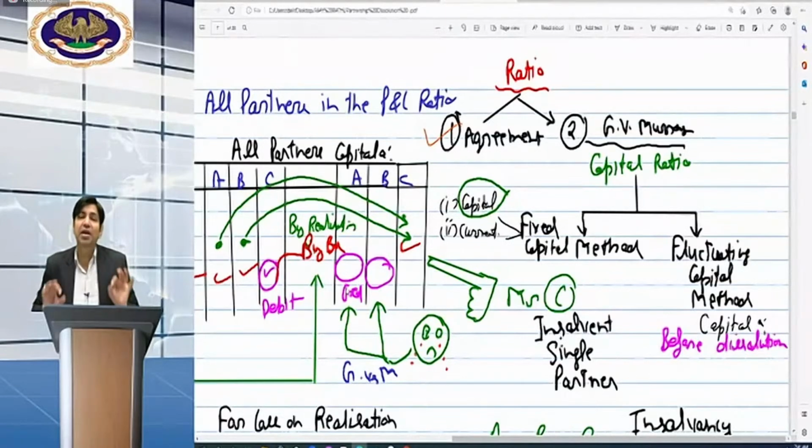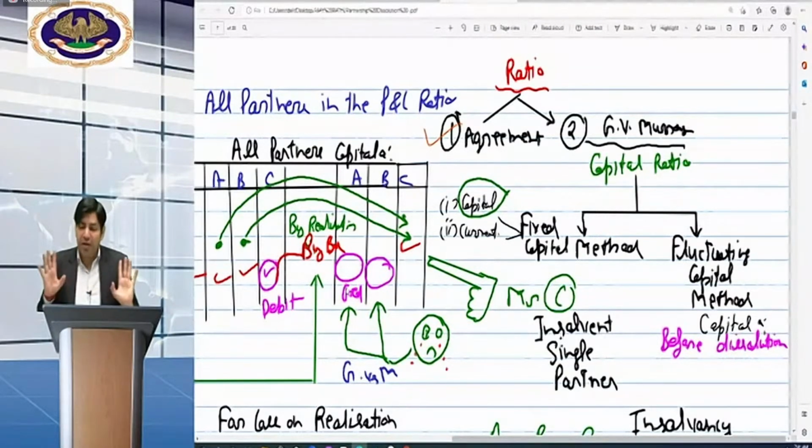The point is the final conclusion at the payment time. Whether there is an insolvency loss, yes. That loss is to be distributed, yes. That loss is to be distributed to other solvent partners having a credit balance, yes. In what ratio?